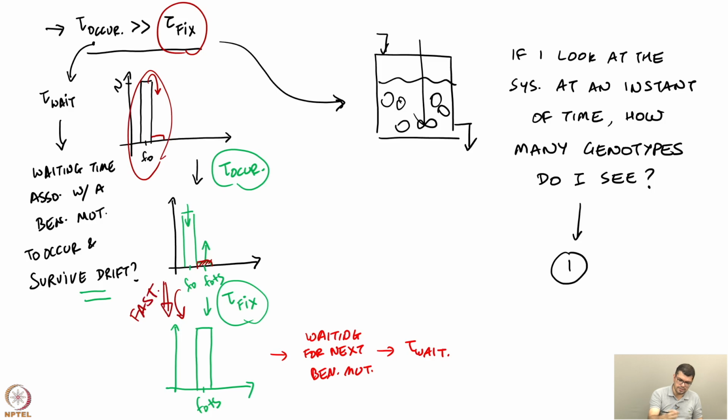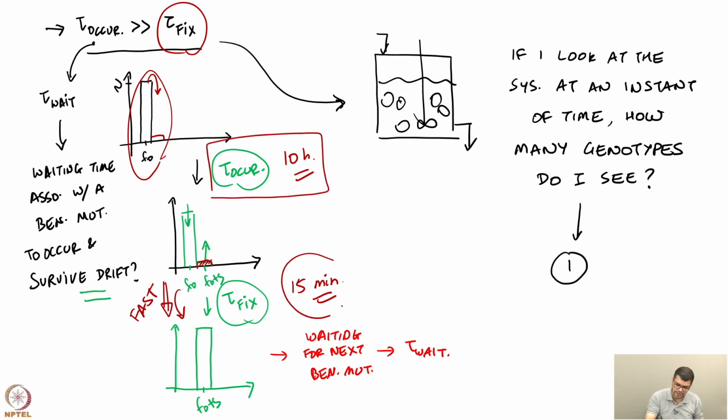and suppose, just to give made up numbers, maybe I was waiting 10 hours for this beneficial mutation to arise and survive drift, then maybe this fixation only happened in 15 minutes. So, if I take a snapshot of this system at a particular time, chances are that the system will be stuck in this state because this is fairly rapid.